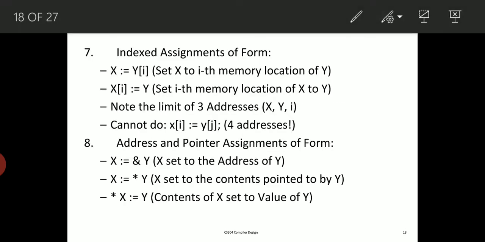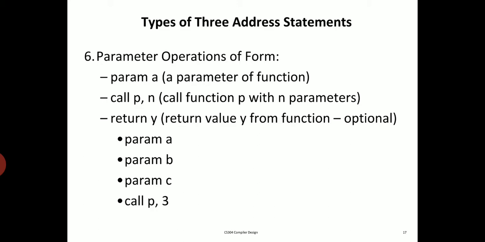Another one is parameter operations. For a function call, if the function has 3 arguments, we have to call the function p. The function name is p, and that is shown with 3 arguments a, b, c: param a, param b, param c.